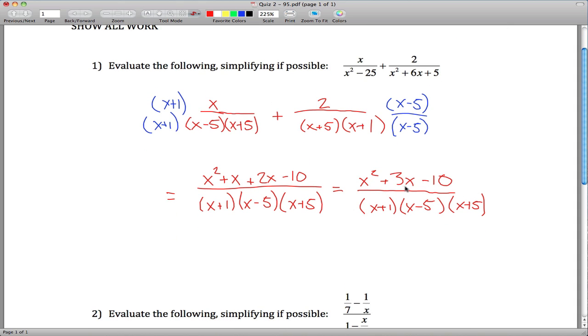If you look at the top here, we might be able to factor this and cancel it with something on the bottom. Again, the leading coefficient is 1, which is nice. We need two numbers that multiply to be negative 10 and add to 3. So positive 5 and negative 2, I think, will do the trick. And on the bottom, we still have this same denominator.